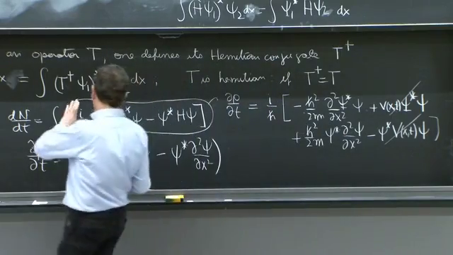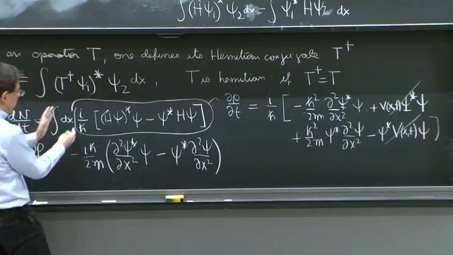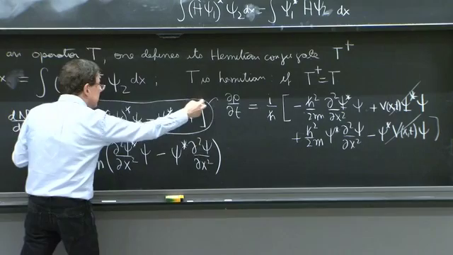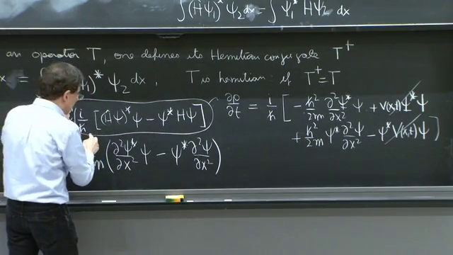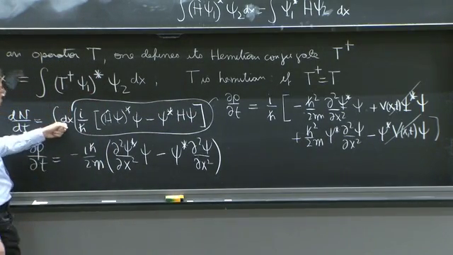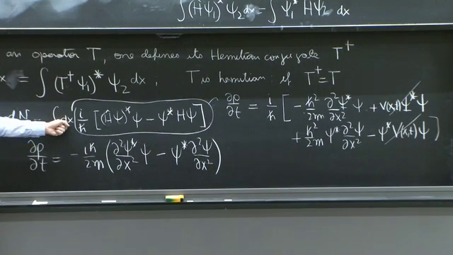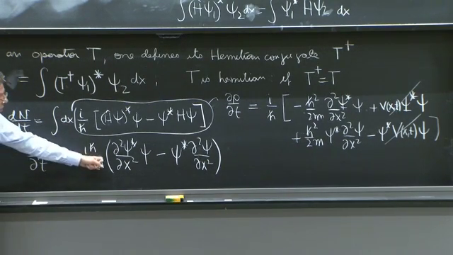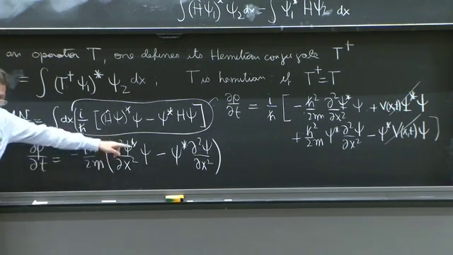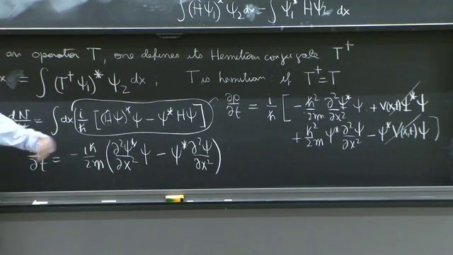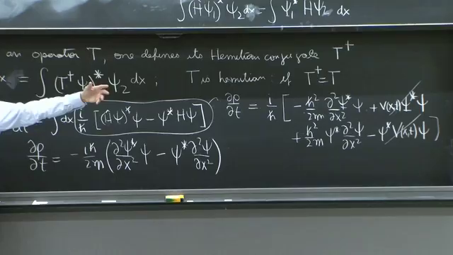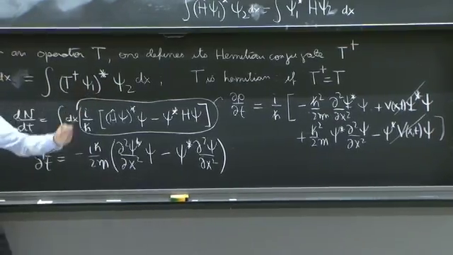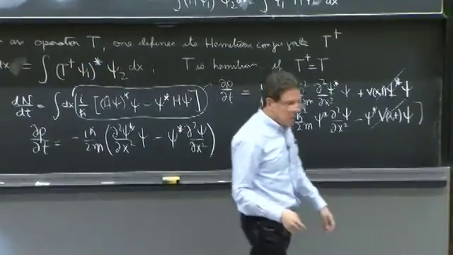So remember, we're computing here d rho dt, which is all this thing circled here, and it's to be integrated over x. So if I could show this is a total x derivative, then the integral would go to the boundaries, and I would have a chance to make it 0.